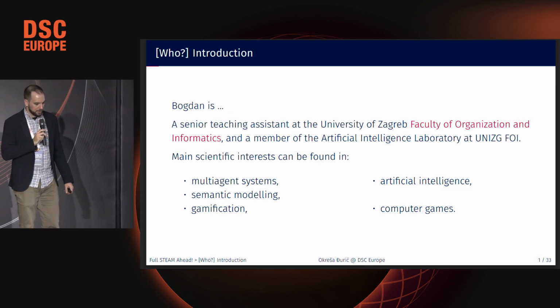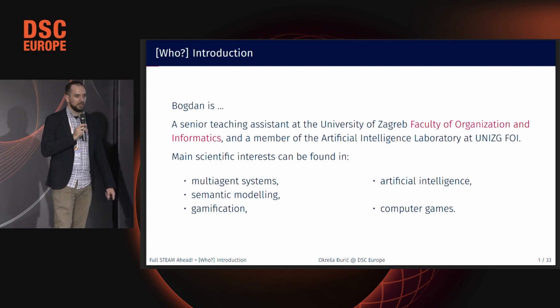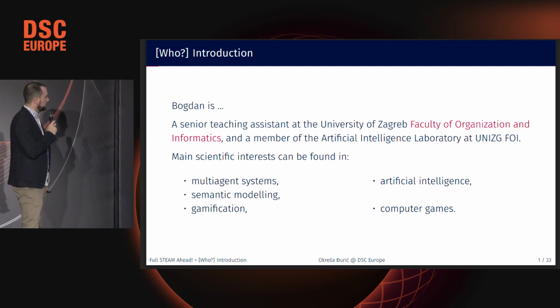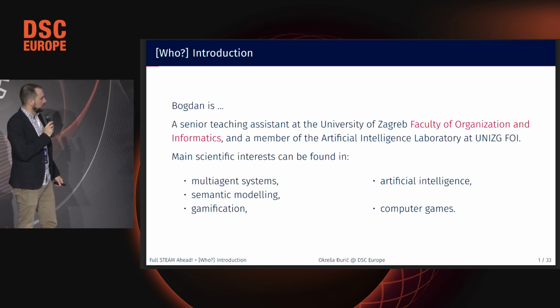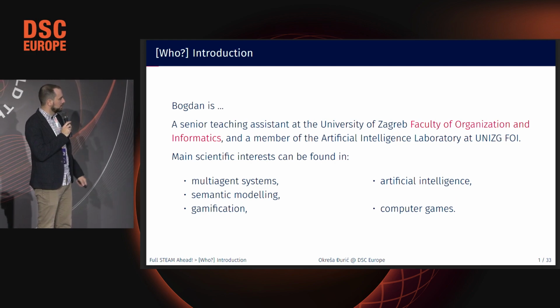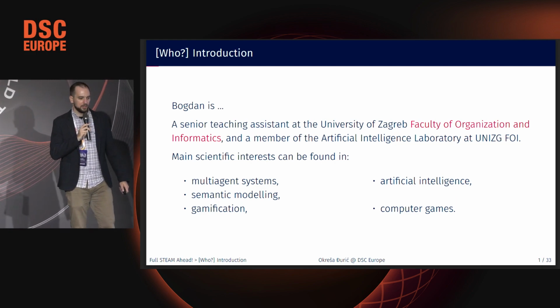So just a short introduction of why I'm talking about this particular topic. I come from University of Zagreb, and some of the main topics of research or interest would be multi-agent systems, semantic modeling, gamification, and then different topics of AI and so on.